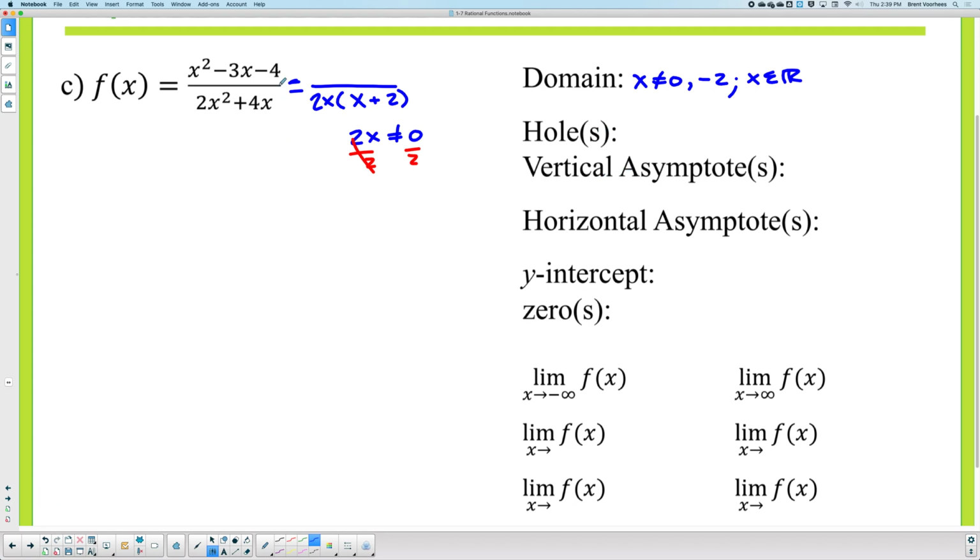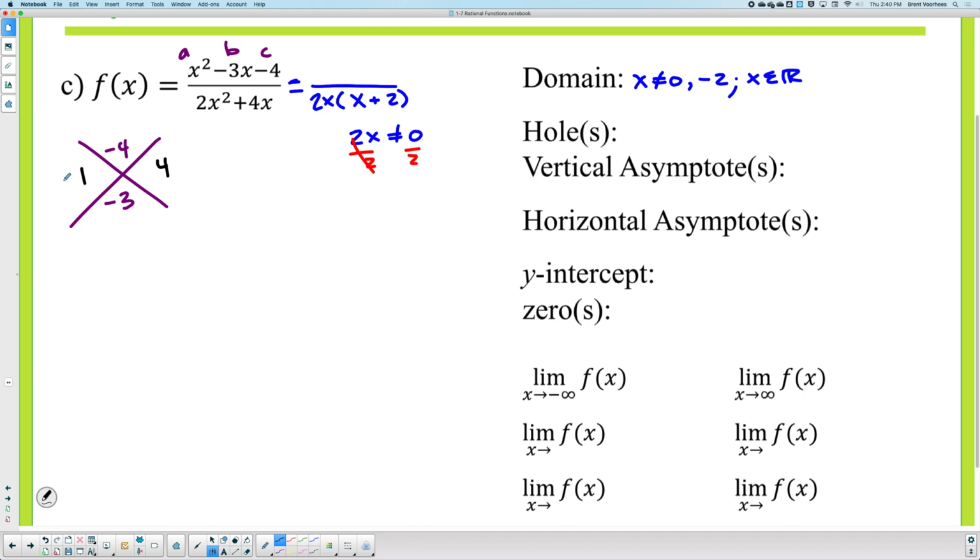This one I need to x method. So I have an A, B, and a C. What's A times C? -4, and my B? Okay, the factors of 4 were 1 and 4 and 2 and 2. Which one can somehow combine for a 3? 1 and 4. Now let's figure out the negatives.